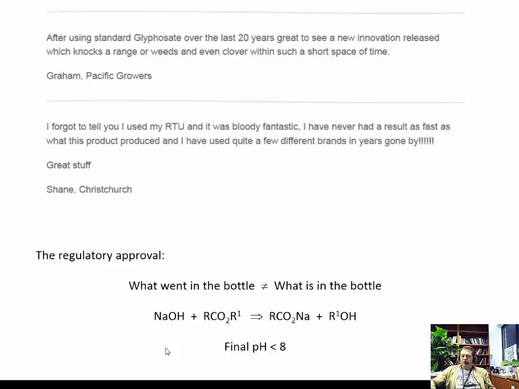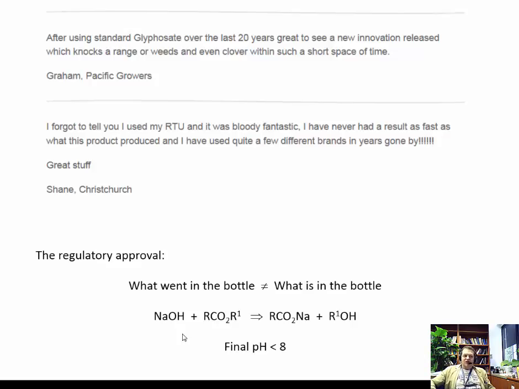When we put this through for regulatory approval, which you have to do for anything you're going to sell, like a garden product in this case, the regulatory authority came back to us and said, right, this has to have an extremely hazardous label, caustic, and I scratched my head and went back to them.